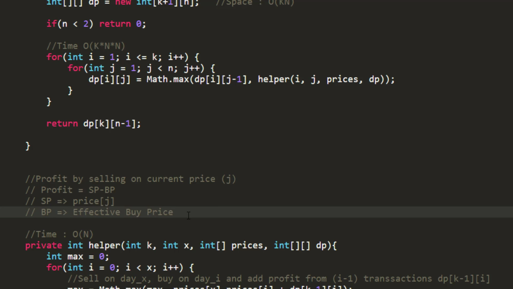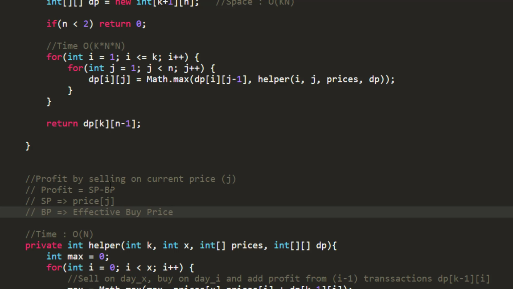Now, in the previous video, we saw that effective buy price was the price that I paid from my own pocket for the current transaction, which means I considered the profit from all the previous transactions first, and then whatever difference money was required to buy at the current price, that was the effective buy price for this current transaction.